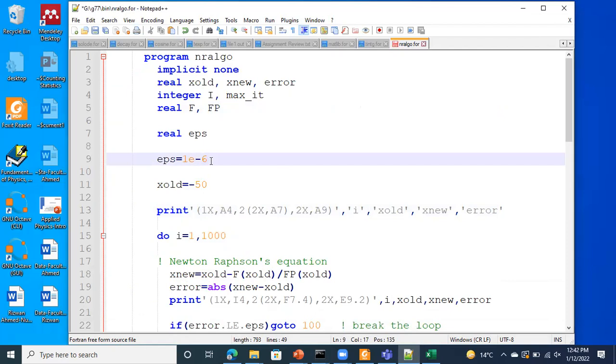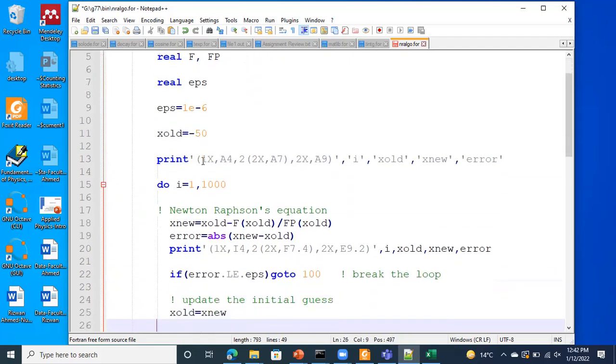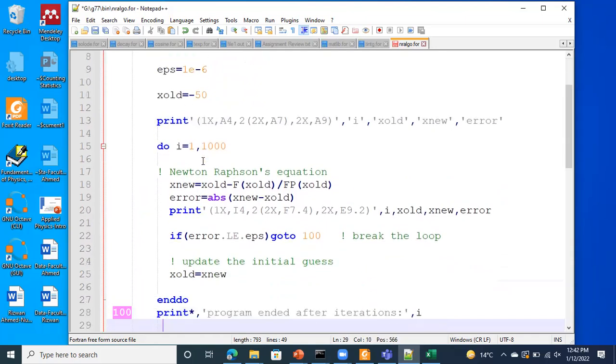So if the problem is in meters, we are looking for micrometer accuracy in numbers. But we cannot go beyond -7 because we are using real arithmetic, decimal places. EPS has been updated.